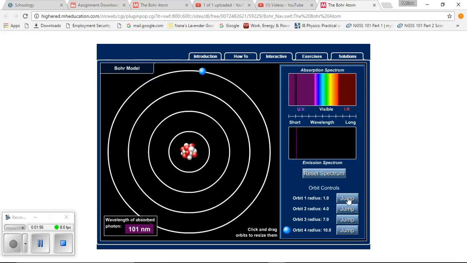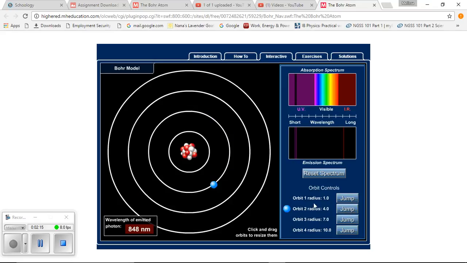And if I go 4 down to 1, I will see a photon with wavelength 101 leave that particular atom. And you can play around with this. If I go from 3 down to 2, notice I'll get infrared.